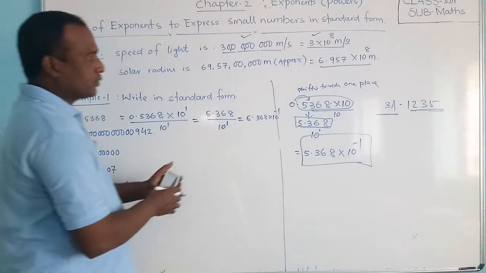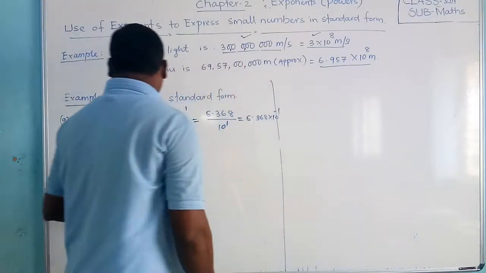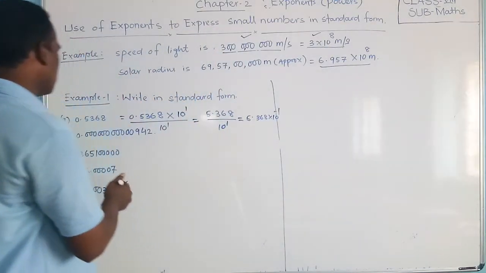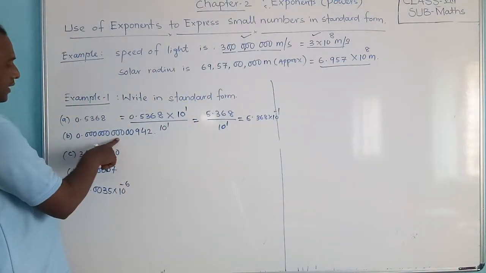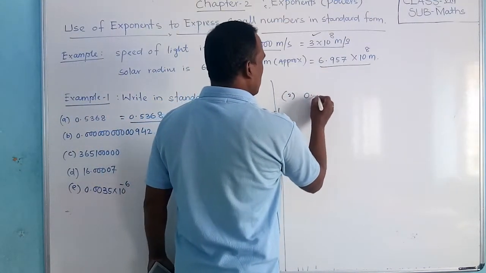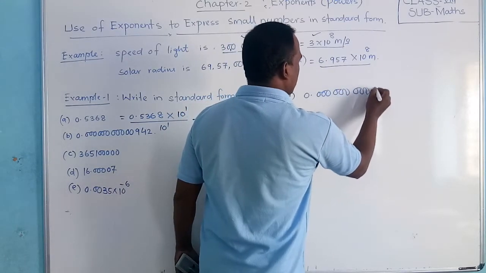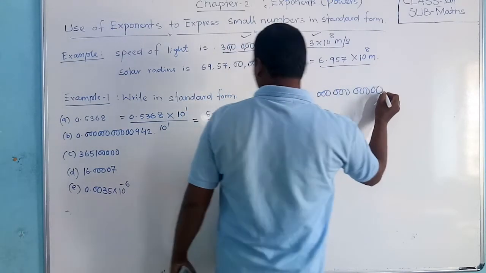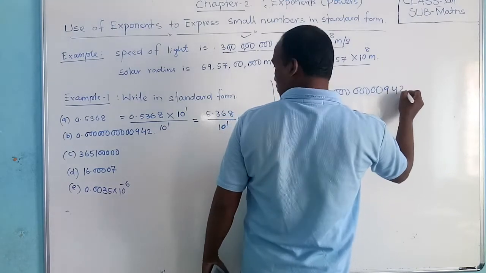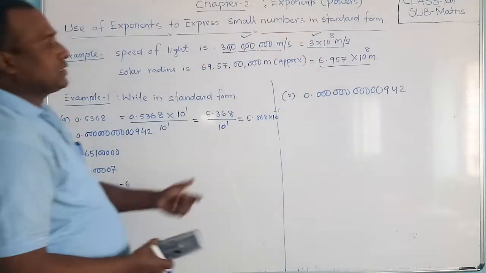The second one I will explain here. You should understand 1, 2, 3 examples, then it is easy to understand. So here, students, observe, there are 11 zeros. The second one I am explaining to students, understand very carefully: 0.00000000000 3, 6, 9, 11, 9, 4, 2. This is a very big number given. So how will we make it in standard form?